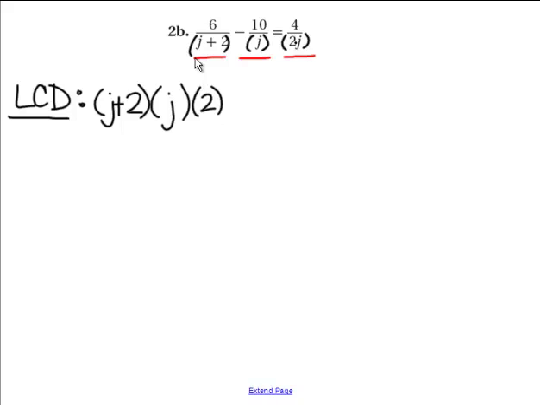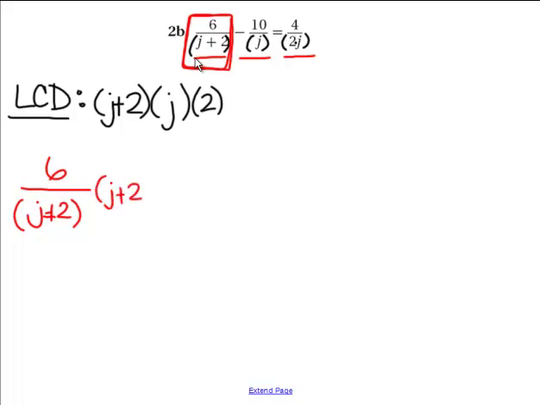So now we're going to take every term and multiply it by the LCD. I'm going to use colors to make this make a little more sense. I'm going to take this fraction right here, 6 divided by j plus 2, and multiply it by the entire LCD. Because we are multiplying both sides of the equation by the same number, we can leave it just as j plus 2 times j times 2.